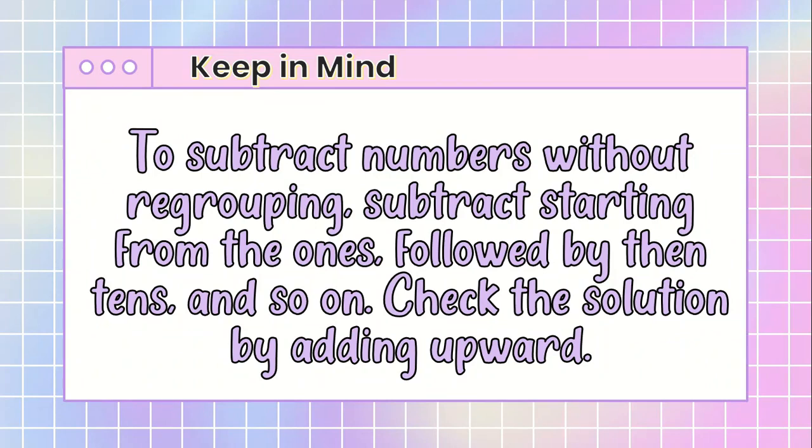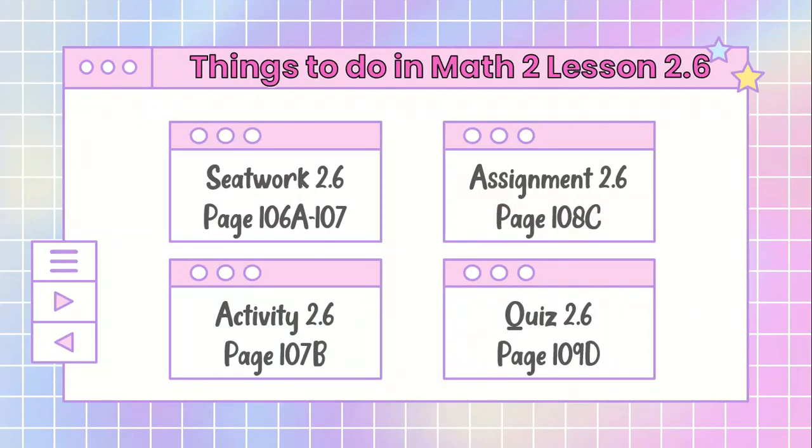You will check the solution by adding upwards. So we will use the easiest way, which is the short form, because it's easier and faster than the expanded form. These are the things to do in Math 2 lesson 2.6.